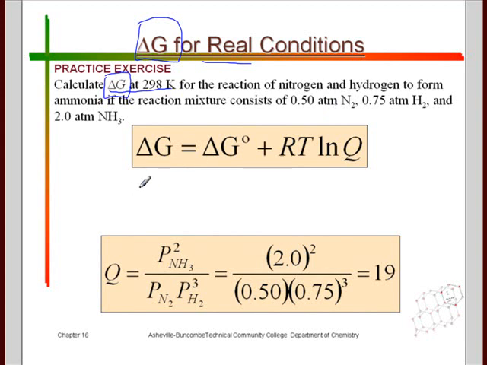Let me just remind you of that equation. Equilibrium calculation. Nitrogen, ammonia there. We need 3 and we need 2. All gas phase, so we're going to be using partial pressure in this example.